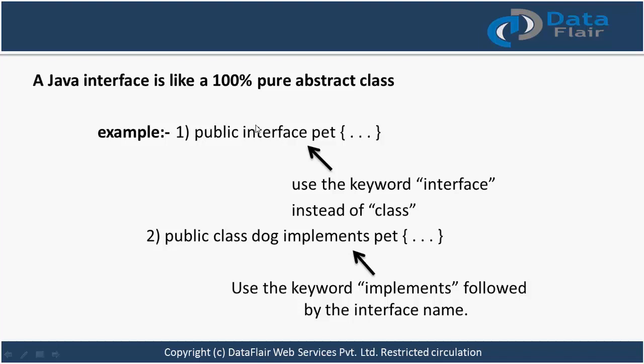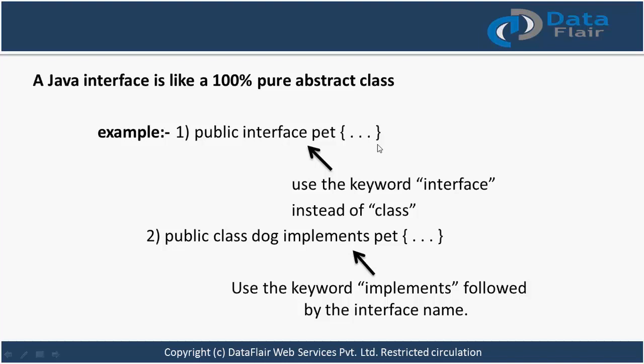In order to create an interface, you specify the access specifier public and then interface. Instead of the keyword class, we use the interface keyword here, and then you mention your interface name. Then you provide curly braces in which you declare all your methods.